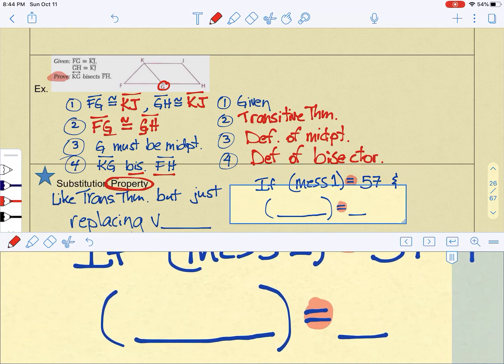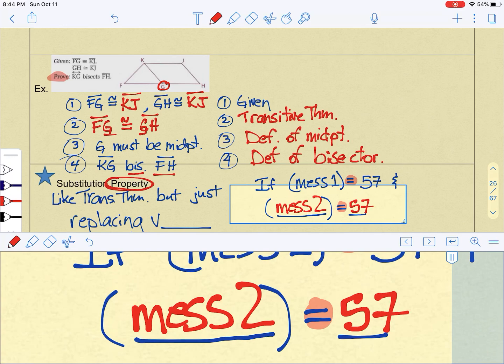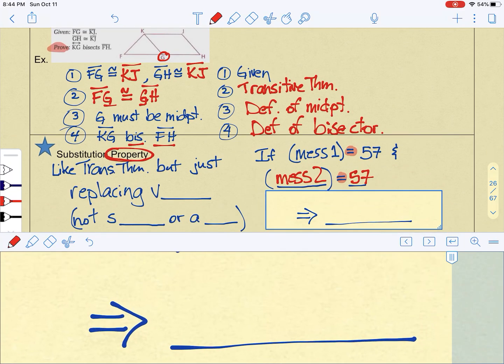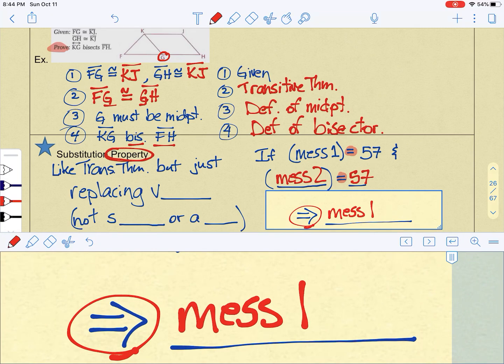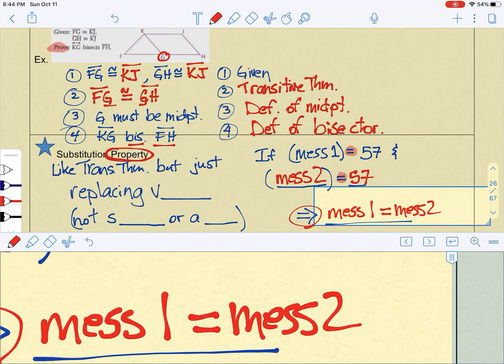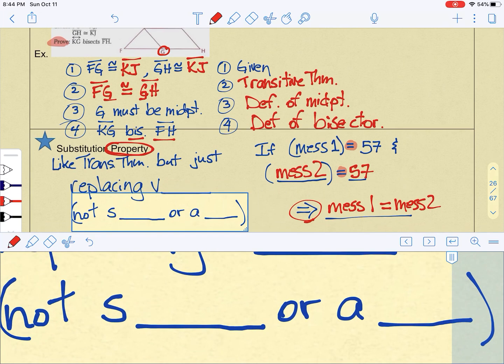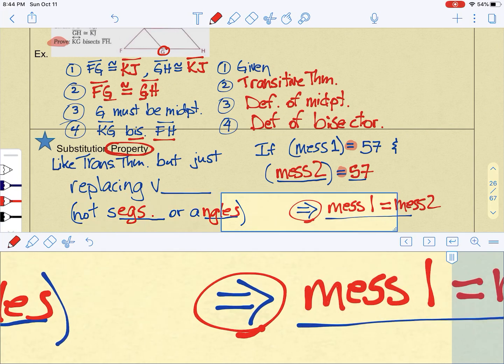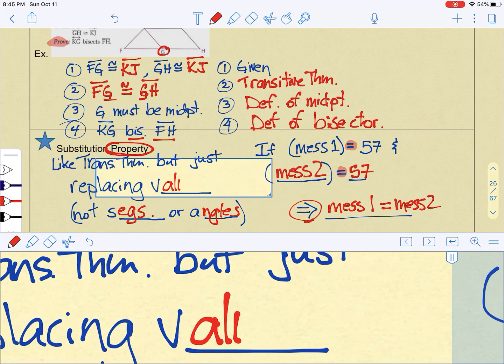So if I have mess 1 equal to 57 and I have another mess, call it mess 2, equal to 57, why then we can say that mess 1 must be the same as mess 2. And by messes, these are like some sort of algebra expression, right? Because this is an equality. We're not talking segments and rays here, okay? So no segments or angles. You are only replacing values here.